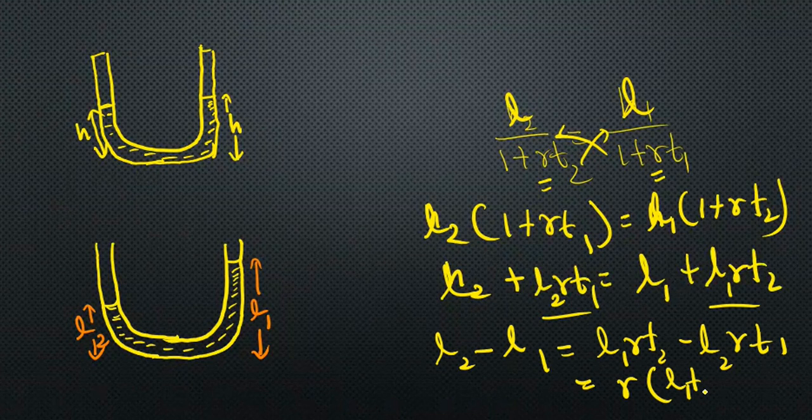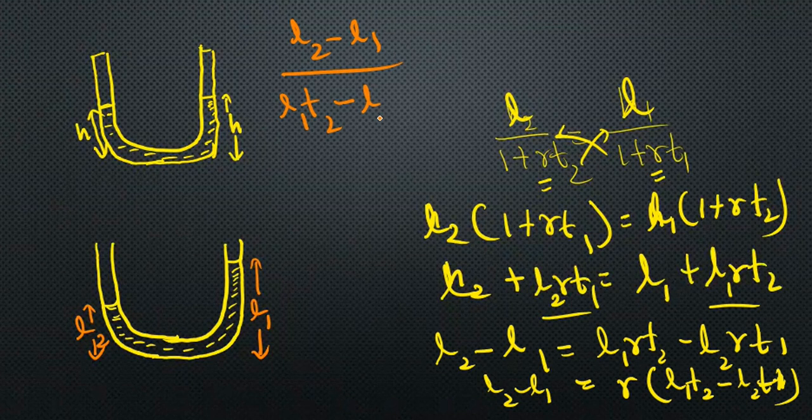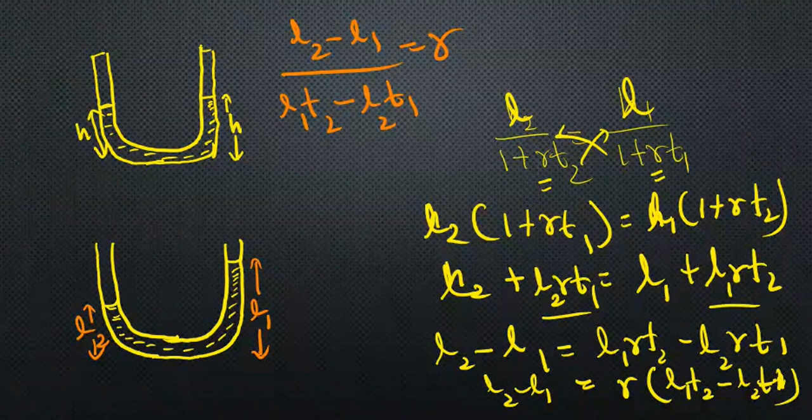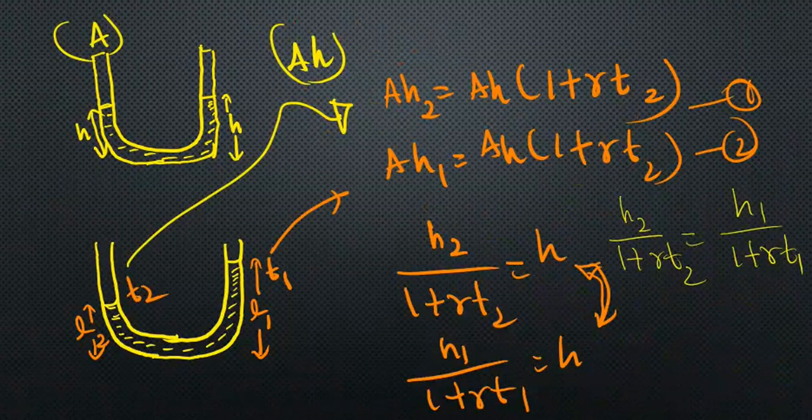So I'm getting gamma times L1 T2 minus L2 T1 equals L2 minus L1. So moving into the answer, L2 minus L1 divided by L1 T2 minus L2 T1 equals gamma. So this is our answer.